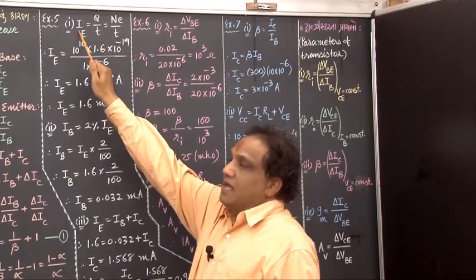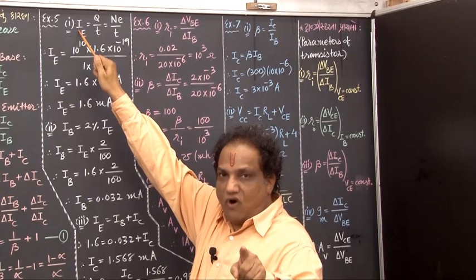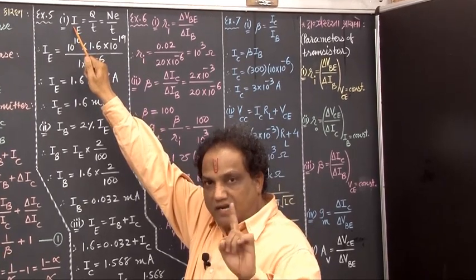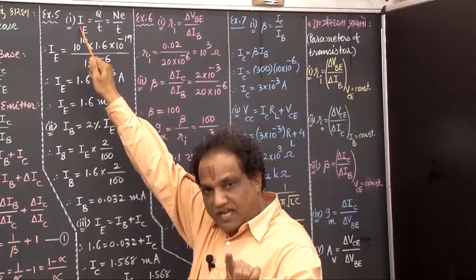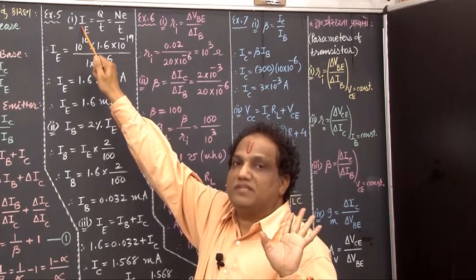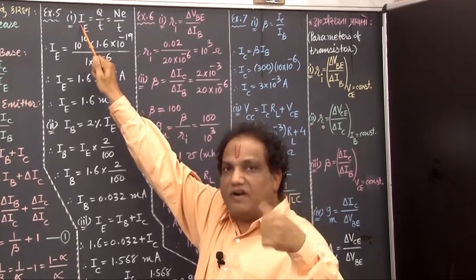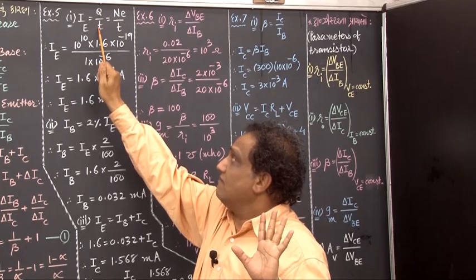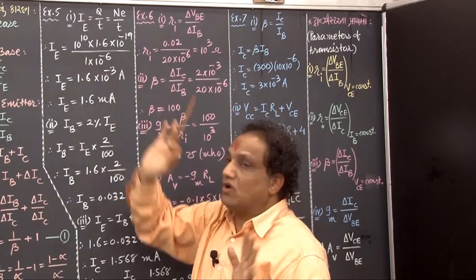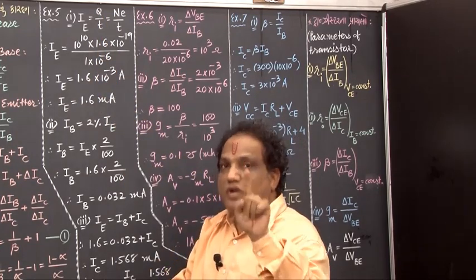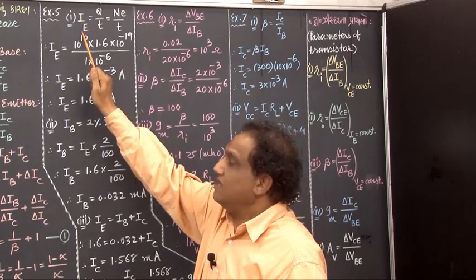Emitter current is formed by that number of electrons which are entering from emitter into base, correct? That charge divided by time will give you charge per unit time, which is called current, but right now we are talking about emitter current. So I am writing the symbol IE.